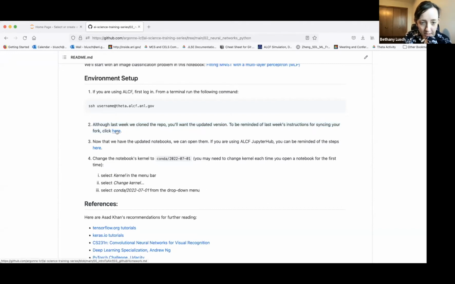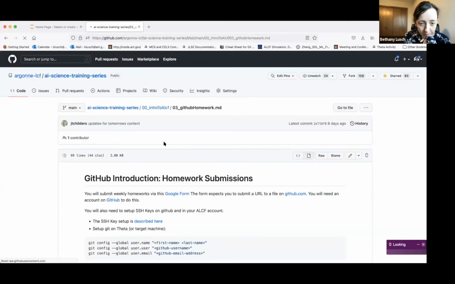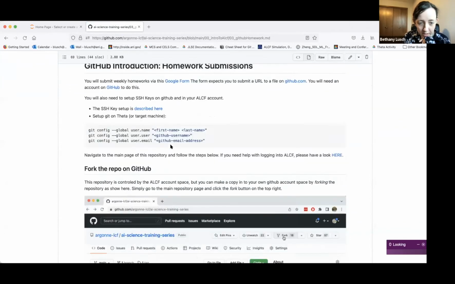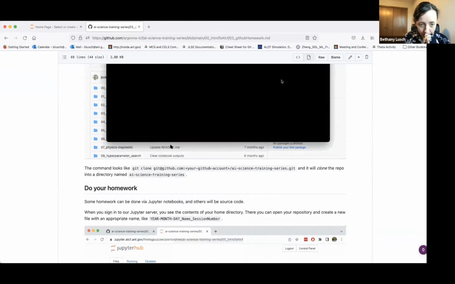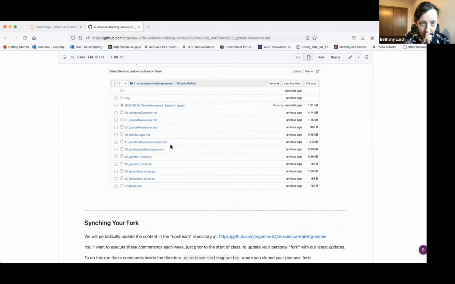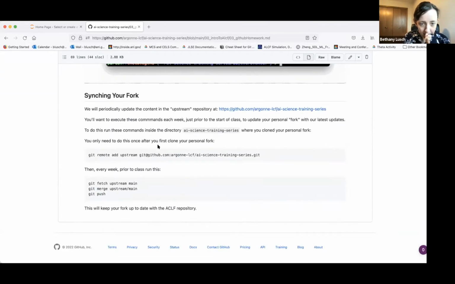Last week, Taylor had instructions for syncing your fork, and I linked to them in week 2. So I'm scrolling down here. You can do this git remote add upstream and so forth.